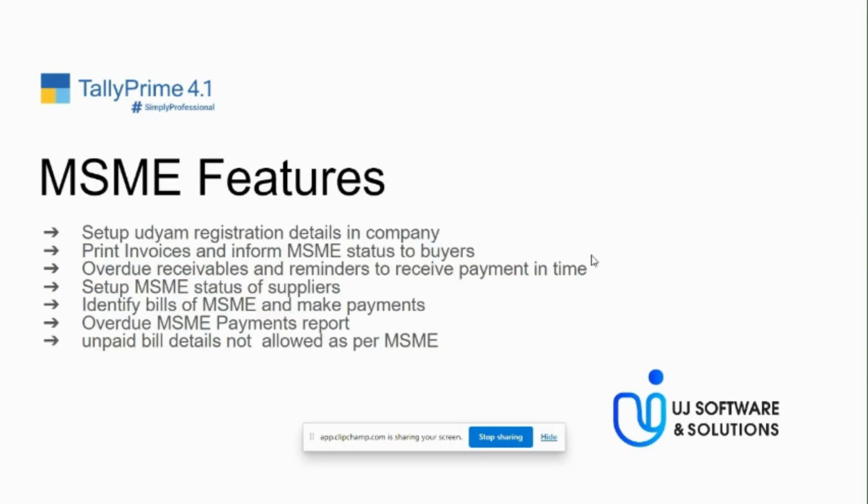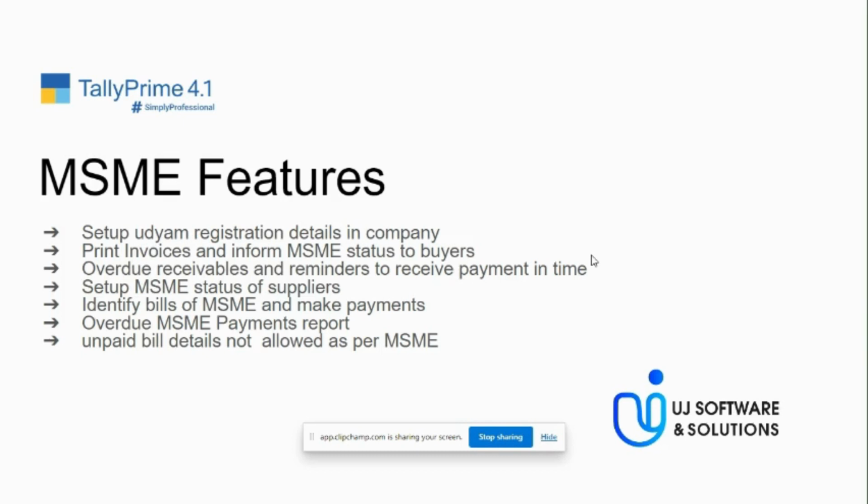In MSME features, we will first set up the registration details for your company, then print and inform invoices with MSME status. When you print an invoice, you have to inform your MSME status to your buyers. Then we'll see overdue receivables and reminders on how to receive payment in time.